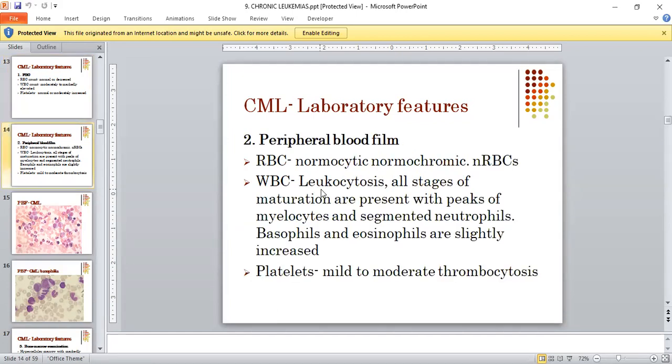On peripheral blood film, the red blood cells will look okay. The white blood cells will reveal leukocytosis, where all stages of maturation are present, with peaks of myelocytes and segmented neutrophils. Then the basophils and the eosinophils are slightly increased. Platelets are more or less normal or slightly increased.